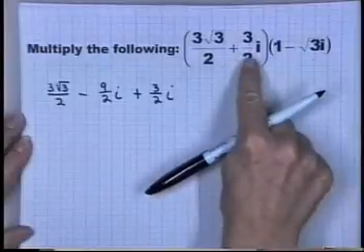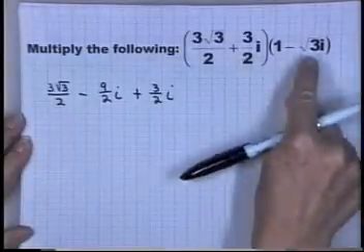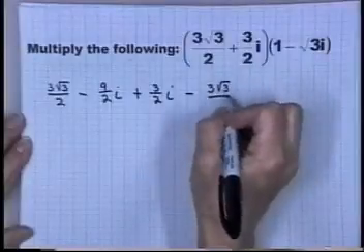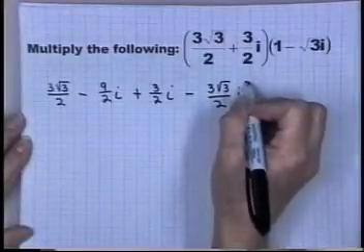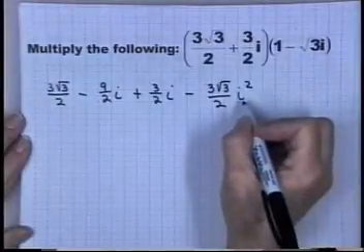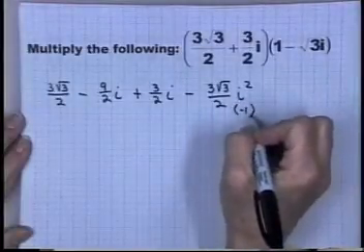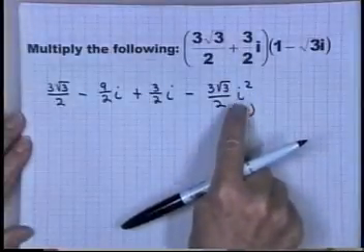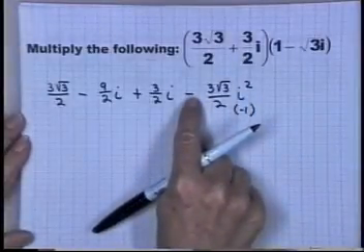And then finally, the last two terms, when we multiply these, we get a negative 3 times the square root of 3 over 2 times i squared. Then recall that i squared is equivalent to negative 1, isn't it? So this negative 1 that's going to replace i squared will change this to a plus sign.